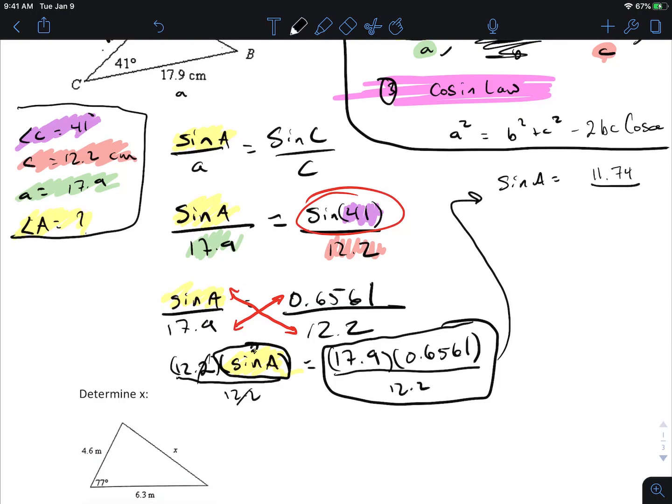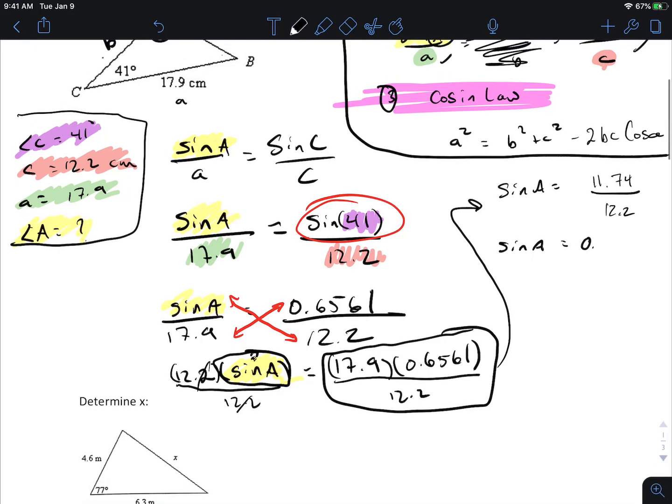Then you're going to divide that by 12.2, so that's going to be equal to 0.96626. And then for angle A, you have to go find this decimal in the sine column.